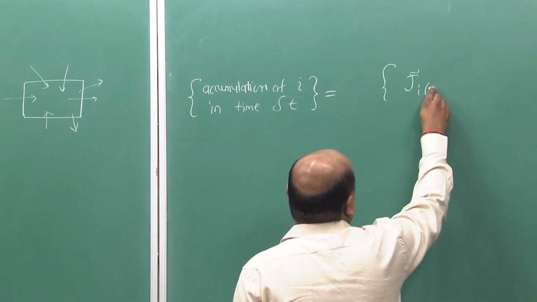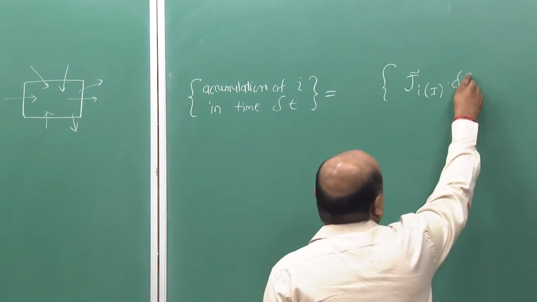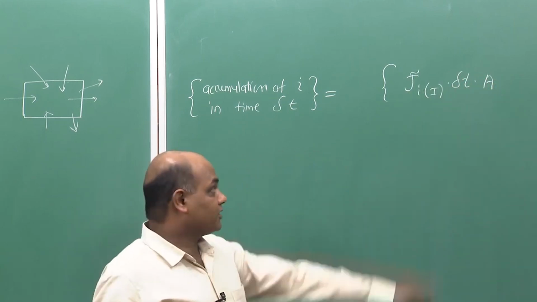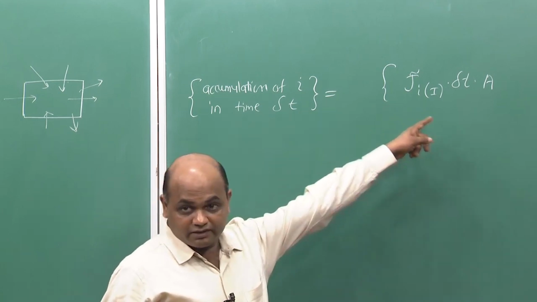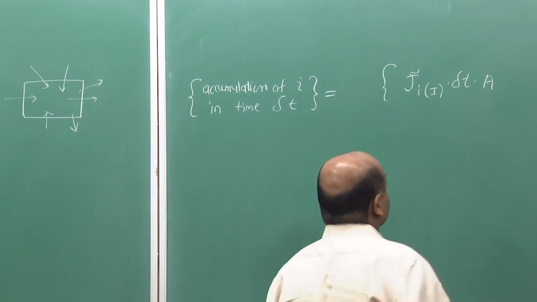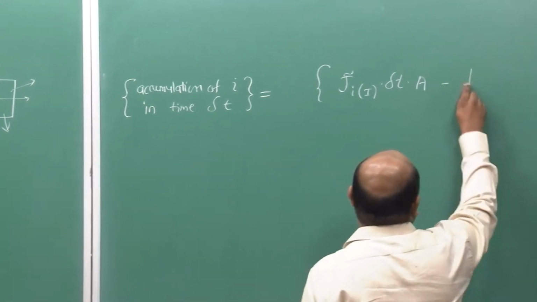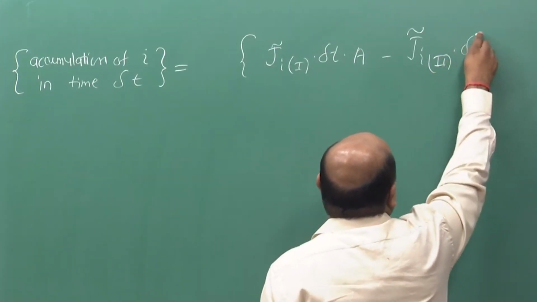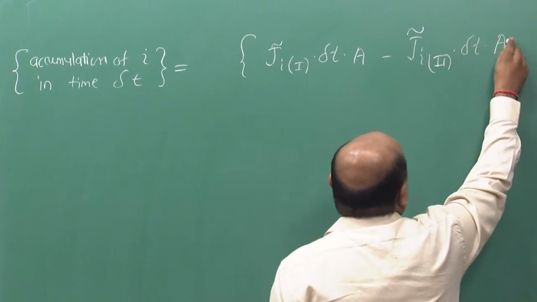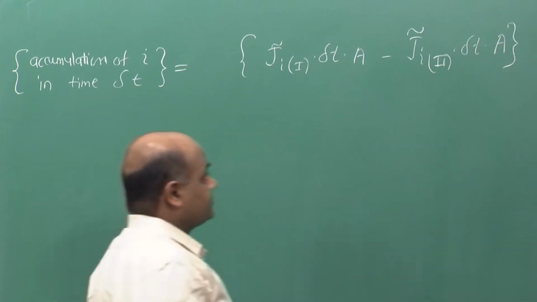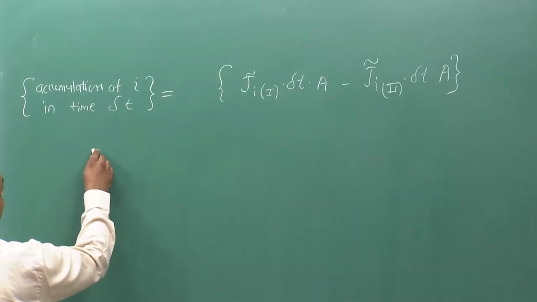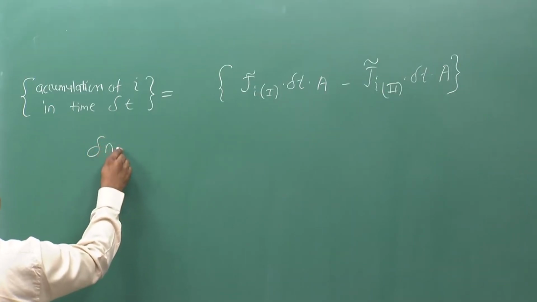J I tilde at 1 times delta t times A, right, because the flux is per unit area per unit time, minus J I tilde at 2 times delta t times A. So, I write accumulation of I in time delta t, let us denote it by delta n I.